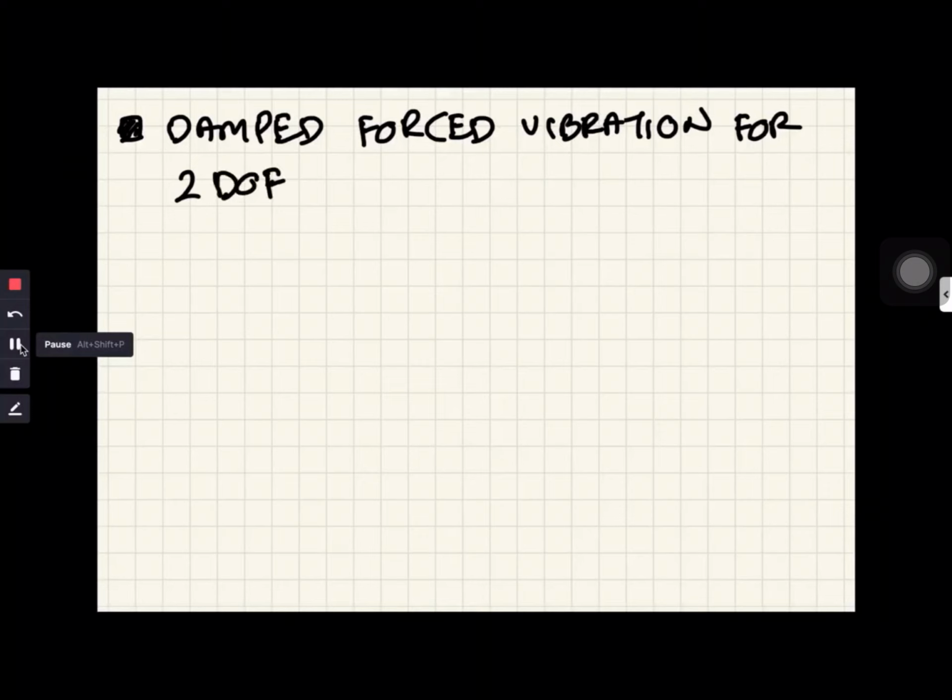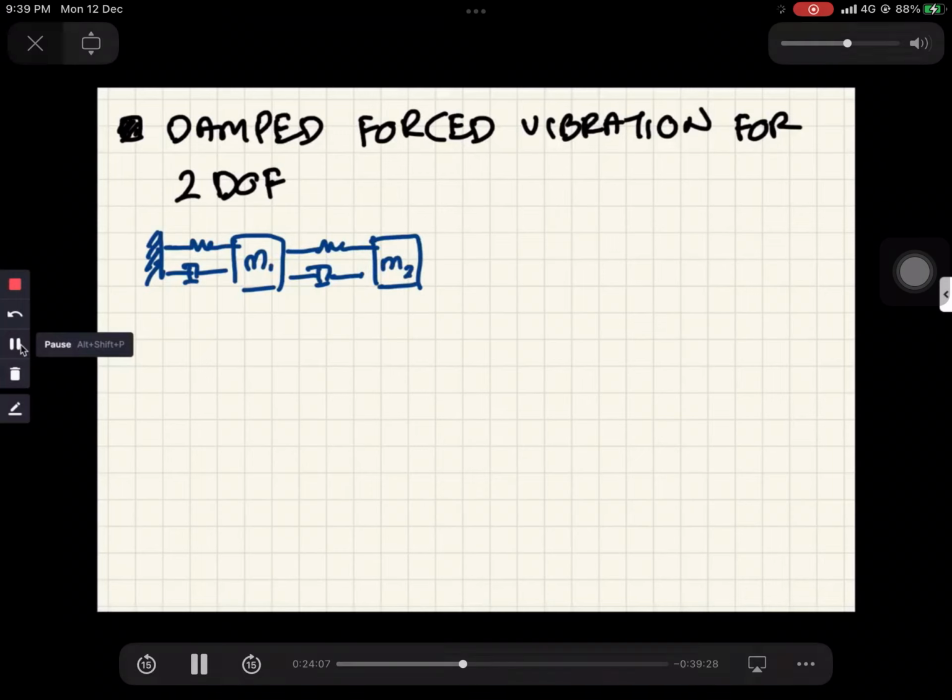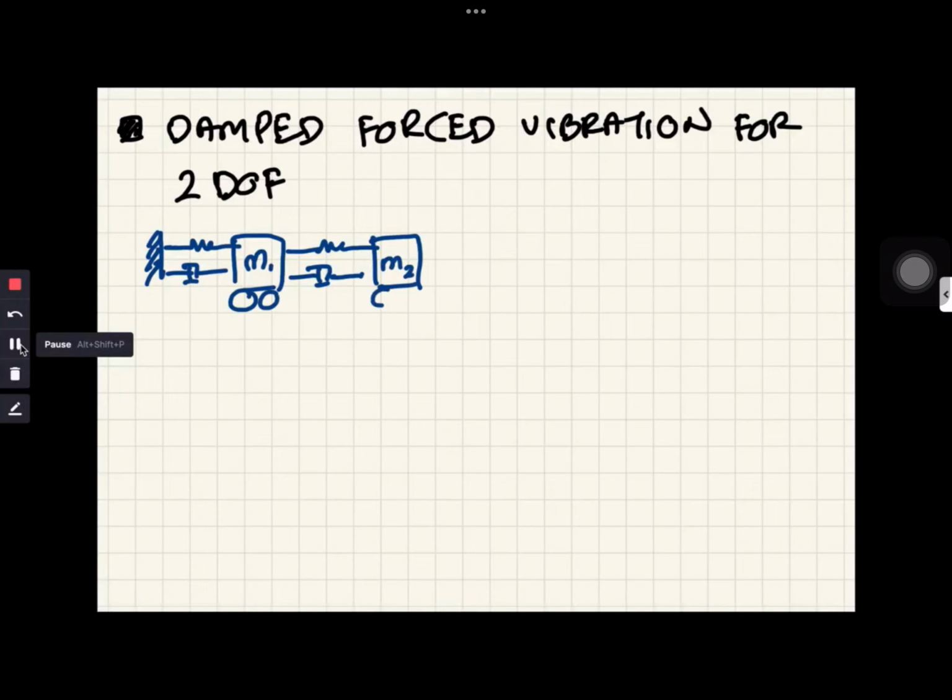Okay, so again we are using the same system as before in the previous session, where I put a mass and damper system, M1, M2. Here we have K1, C1, K2, and C2.